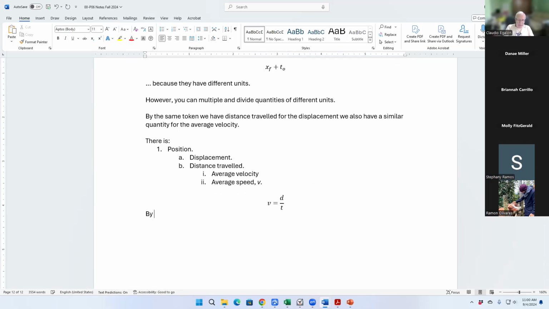And by the same token, the odometer of your car displays the distance traveled, the speedometer, not velocimeter, the speedometer of your car displays the speed. Okay?